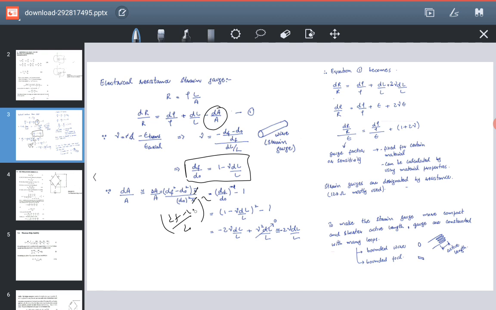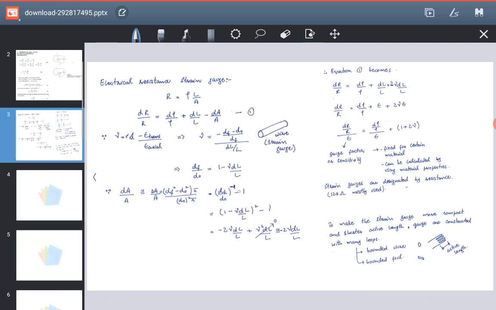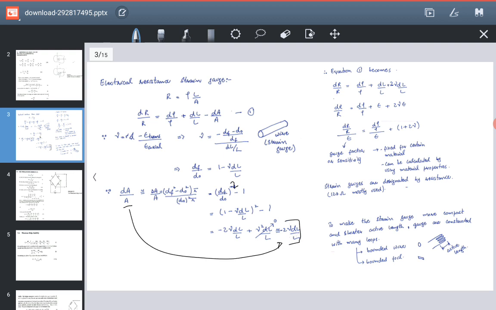So d naught to d naught will be cancelled, so dF upon d naught whole square minus 1. So this is what we have here, this is the whole square, so it's minus 1. So we know that dF upon dF is 1 minus vdL square. You simplify it and you are going to end up with this. So dR upon dA is equal to this.